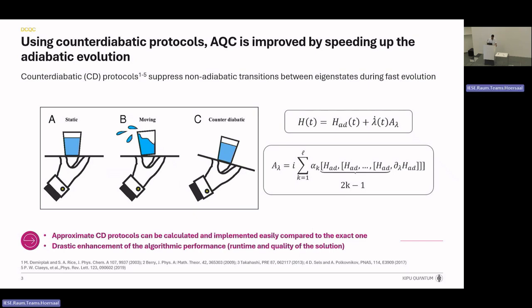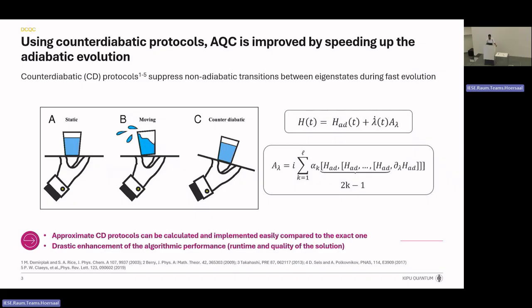But the problem with this method is that finding this counterdiabatic term is extremely hard. Even finding it is exponentially harder for complex problems. And even if you find it, implementing this experimentally will take you exponential resources in most cases. So how about we do not rely on this exact method?